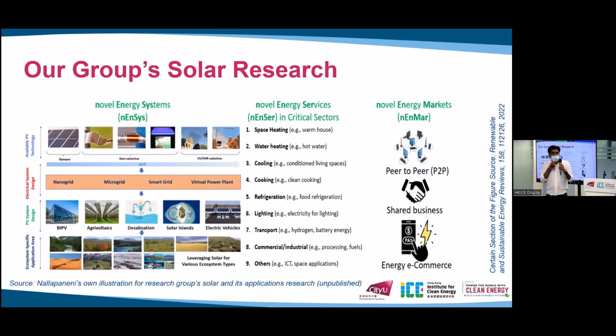Now, if you see our research, our group is an interdisciplinary group. We focus on multiple research areas, mostly from a critical infrastructure sector category. But here I'll just give you the solar wing of what we generally do.